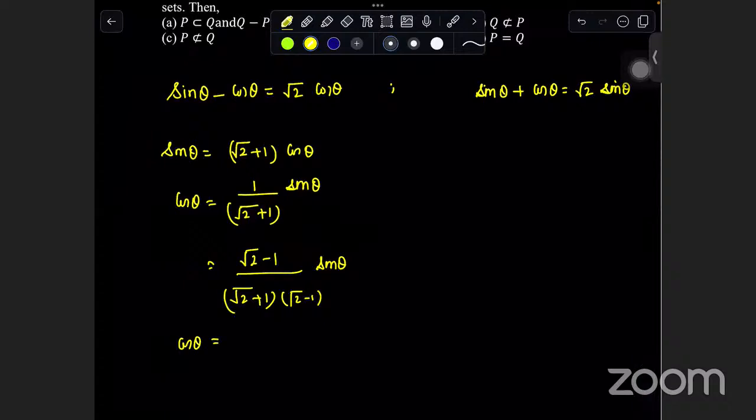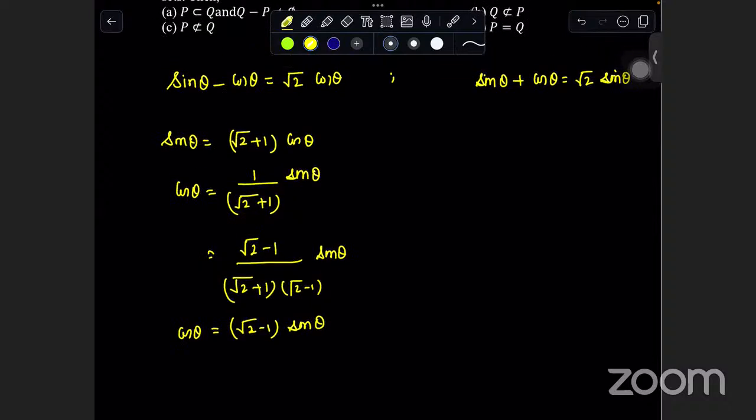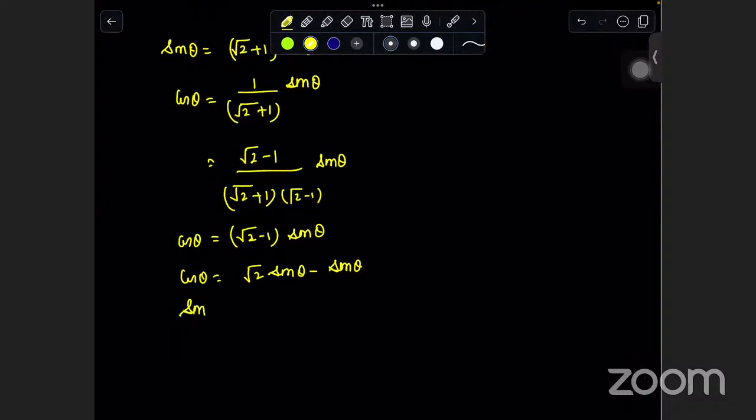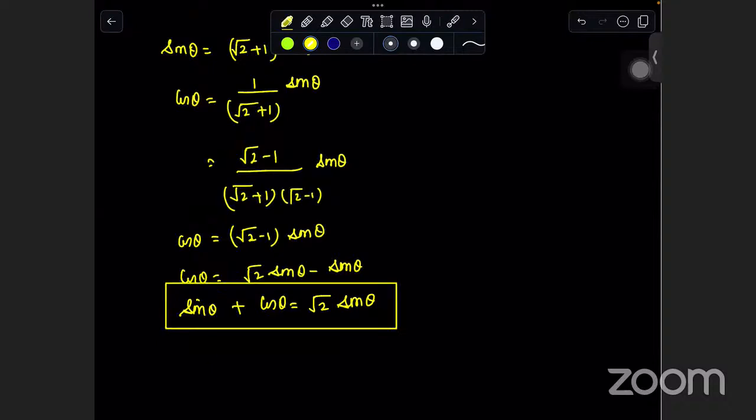So cos theta is under root 2 minus 1 sin theta. So from this, what do I get? Cos theta is under root 2 sin theta minus sin theta. So that means sin theta plus cos theta is under root 2 sin theta. This is the result that we got.